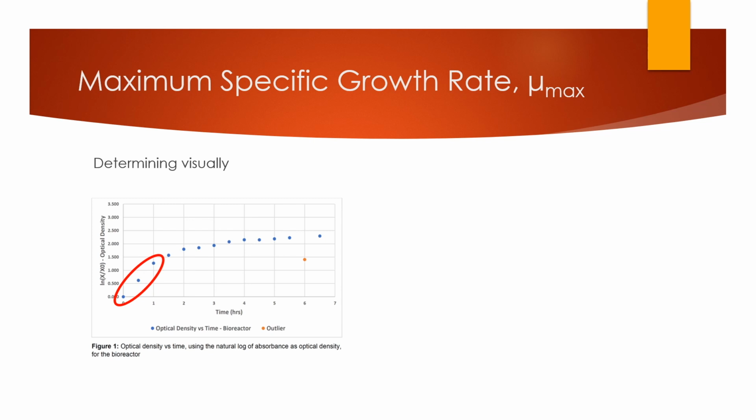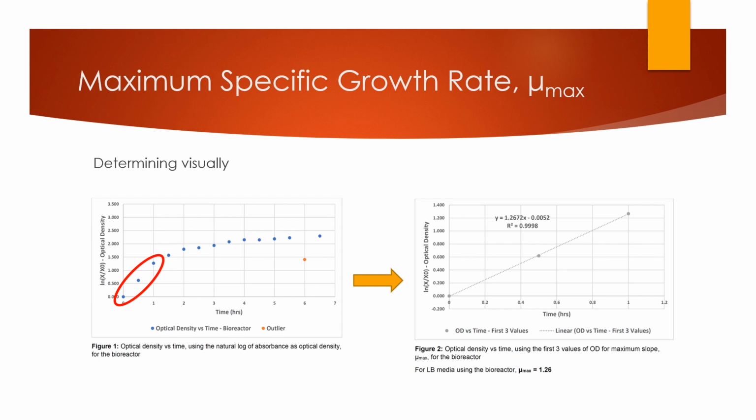Using these 3 points, we can plot them separately and do a linear regression of the first 3 values of optical density for the maximum slope, or mu max, for the bioreactor. Using this, we see that the mu max is approximately 1.26, which does match our numerical solution as well.